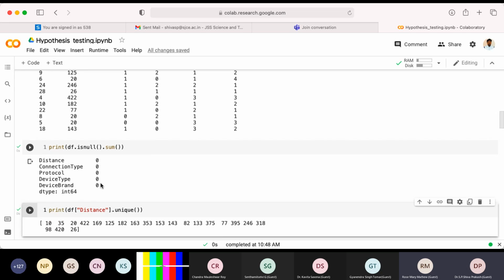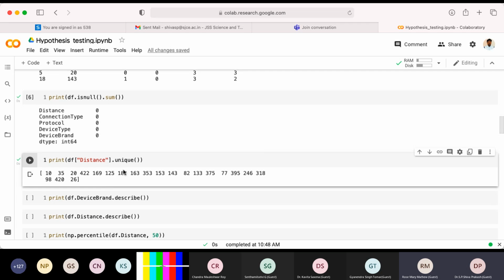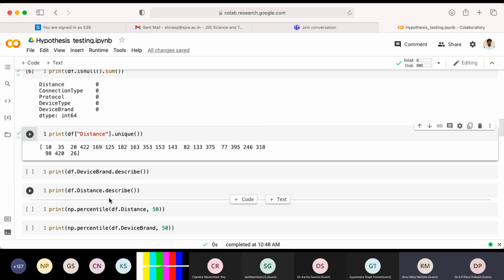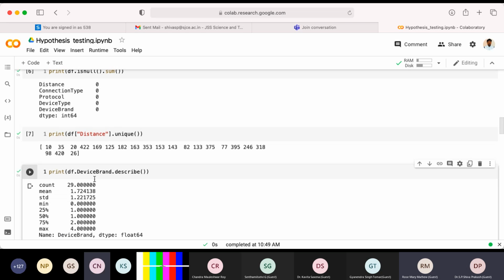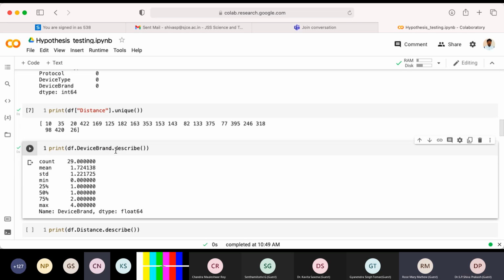And checking whether it has a null value or not, right? And also whether it is unique or not, okay? And also we are trying to describe the data based on the device brand. We are trying to calculate the mean, standard deviation, minima, right? All these things, right?